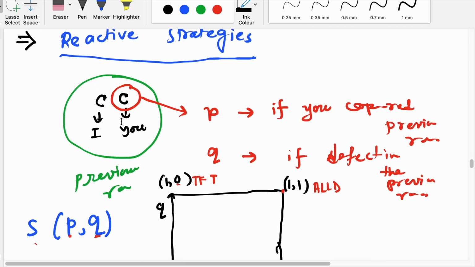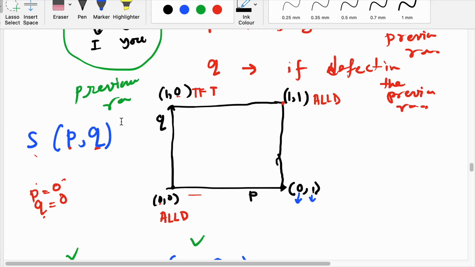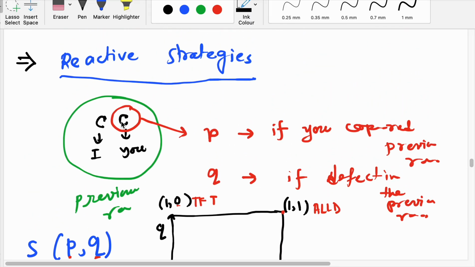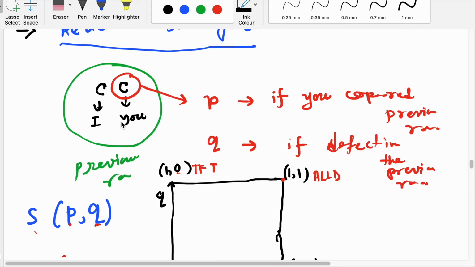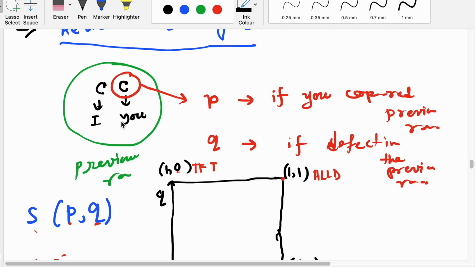After that, we introduced reactive strategies, which require less memory. I see just what you did in the previous step, and based on that I decide my strategy.